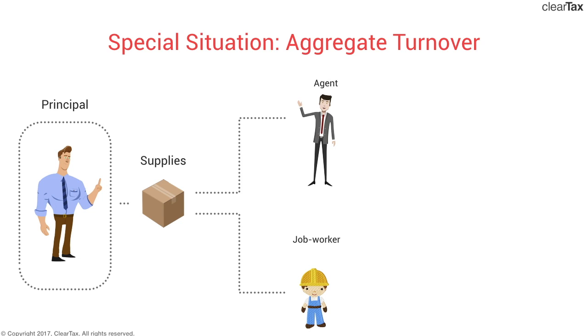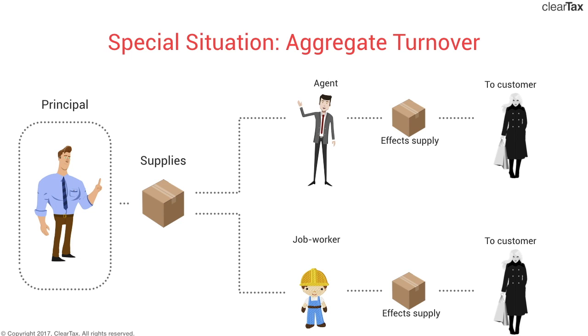So there's a principal who effects his supply through his agent. The agent supplies the principal's goods to the final consumer. Then there's the second situation where the principal gives his products, his supplies, to a job worker to improve it, to work on it, and the job worker in turn effects supplies of the final product to the consumer.